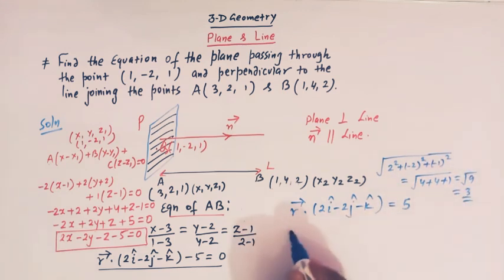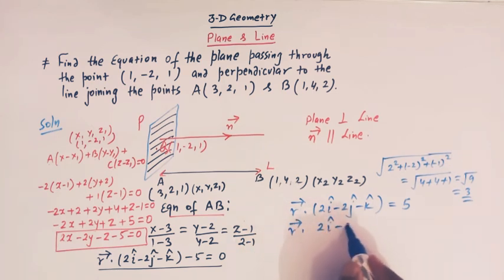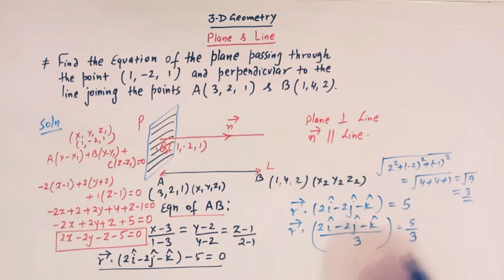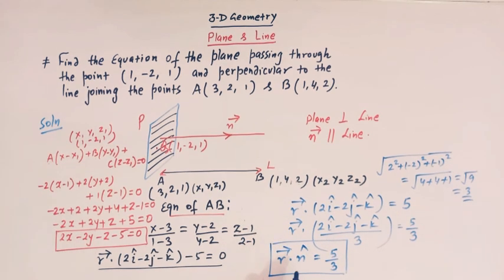So if we divide both sides by 3, then we have (2i cap minus 2j cap minus k cap) over 3, and this is 5 over 3, and this is a unit vector. So we can write it as vector r dot n cap equal to 5 over 3. So this is another form of the vector equation of this plane P.